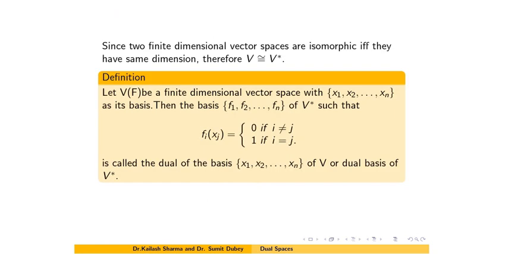We know that two finite dimensional vector spaces are isomorphic if and only if they have the same dimension. Since the dimension of V is equal to the dimension of V star, therefore by this result V is isomorphic to V star.